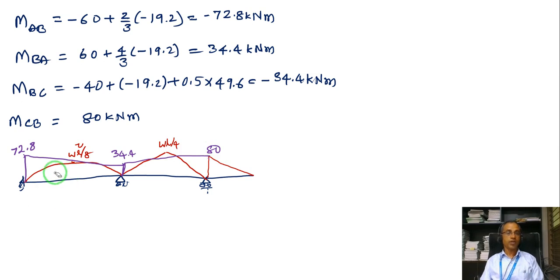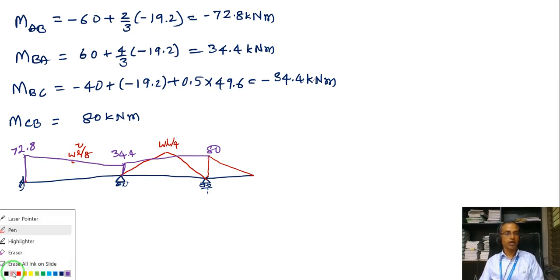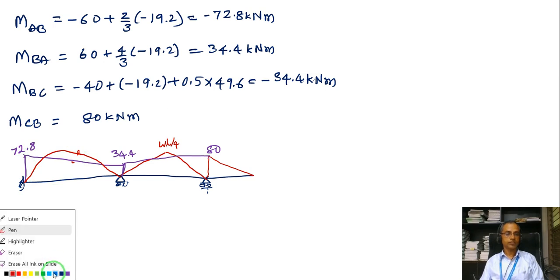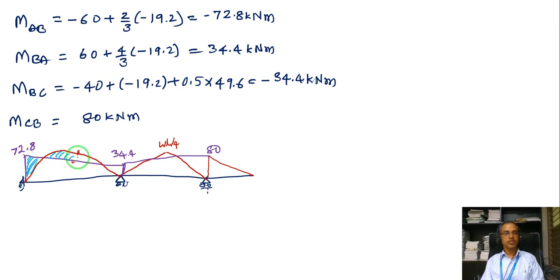Depending upon the value of WL square by 8, this may be a little higher, so it could be something like this also. Now the effective moment diagram will be this.